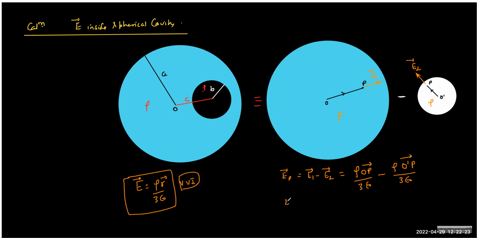Eventually what we will get here is rho upon 3 epsilon naught times, and what is OP minus O dash P? OP minus O dash P is how much? You have to come back to the triangle. I have to create a triangle here.